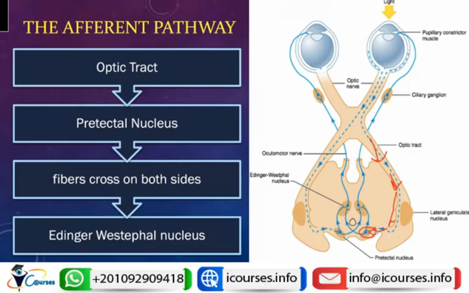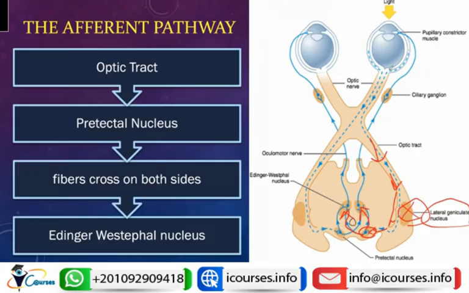We come to the pretectal nucleus, and the pretectal nucleus will supply the Edinger-Westphal nucleus on both sides. Here is the crucial thing: the light reflex doesn't pass through the lateral geniculate body.